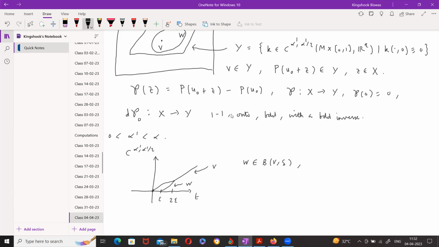All right. And by the inverse function theorem, so W is close to V in this Holder space, and W is identically 0 for all t in between 0 and epsilon.